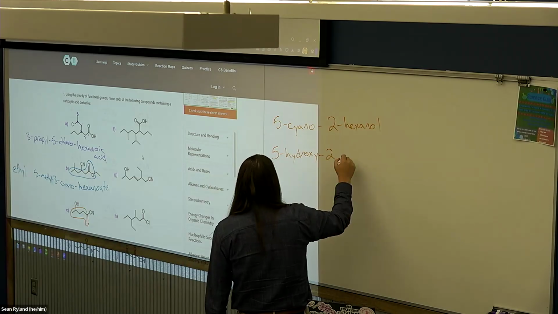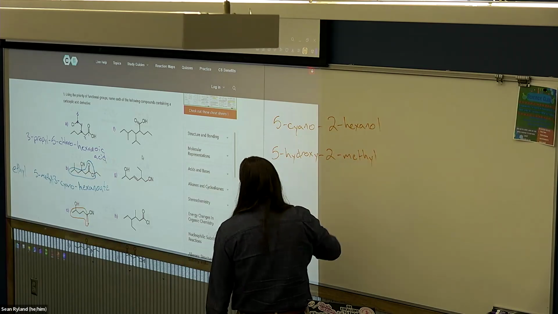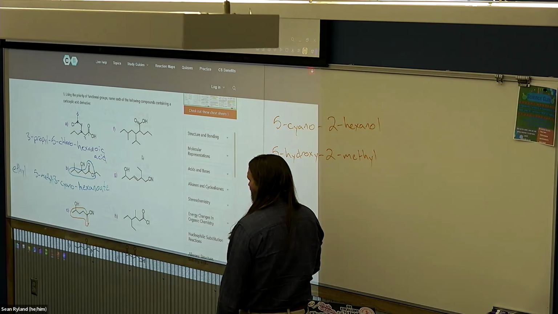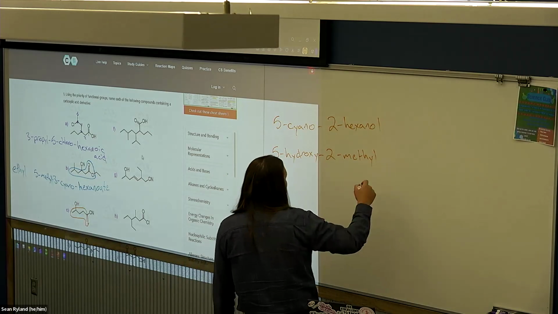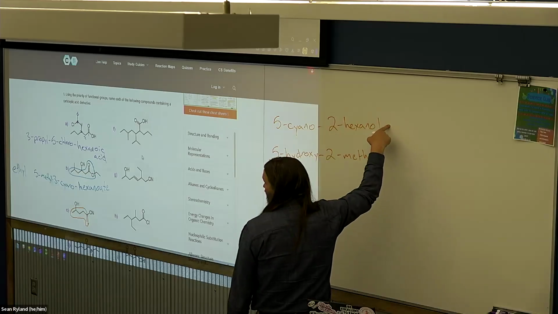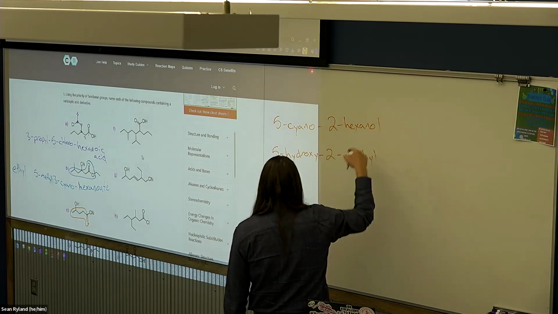Yeah, I think it'd be 2-methyl nitrile. Because remember, for the nitrile, it's kind of the weirdness where you count that carbon. If you name it as a cyano, you don't count the carbon. But this is the simpler name, and this will get you the right answer. So this is what I would go with.